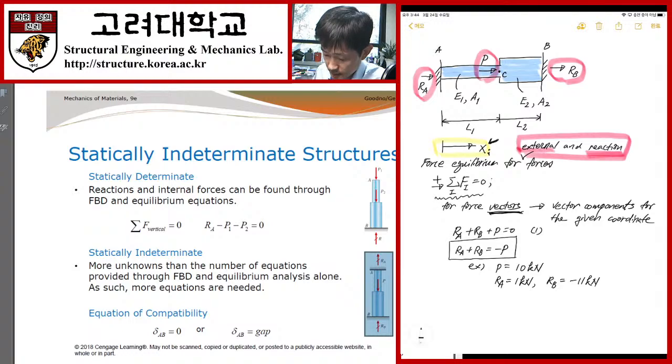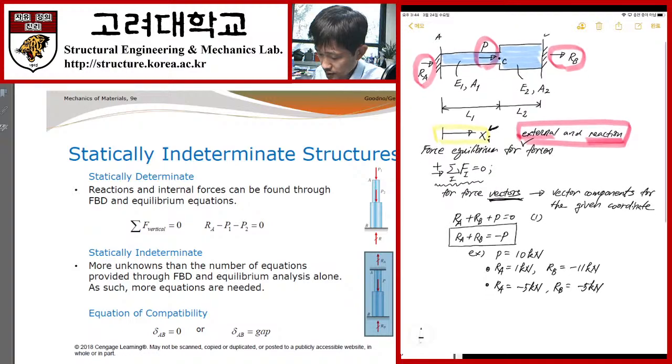Okay, and then how about this? This is one choice. Or we can consider RA is equal to minus 5 kilonewton, and then RB is also minus 5 kilonewton. That also satisfies the force equilibrium condition.